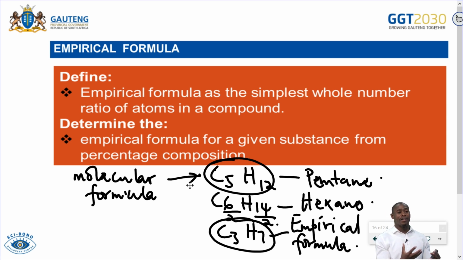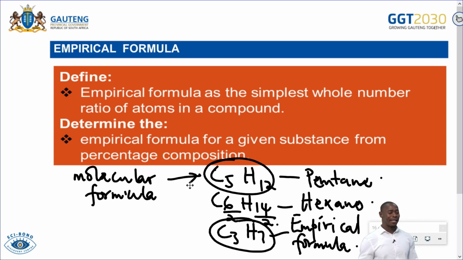So it's easy for me to move from molecular formula to empirical, because I have to find the highest common factor, in this case between 6 and 14, which is 2. Then divide each value there by 2. 6 divided by 2 we got 3. 14 divided by 2 we got 7. So that C3H7 is the empirical formula.